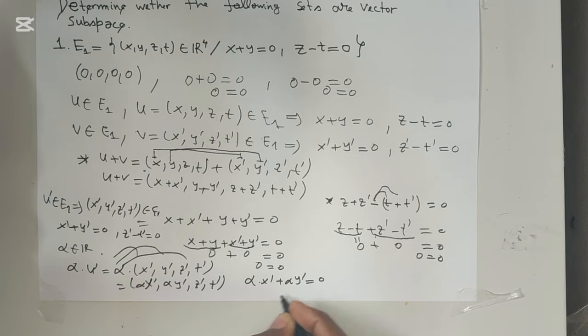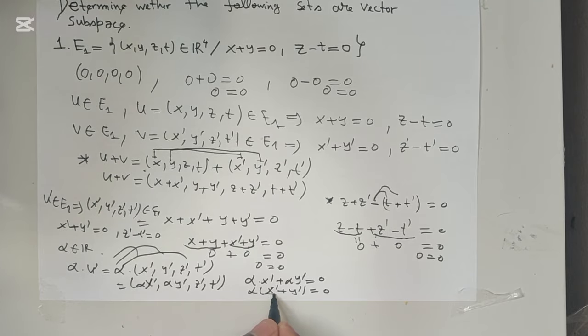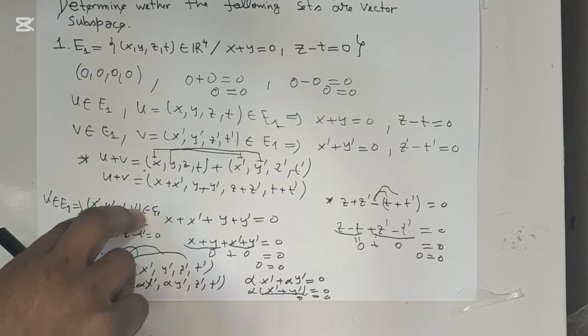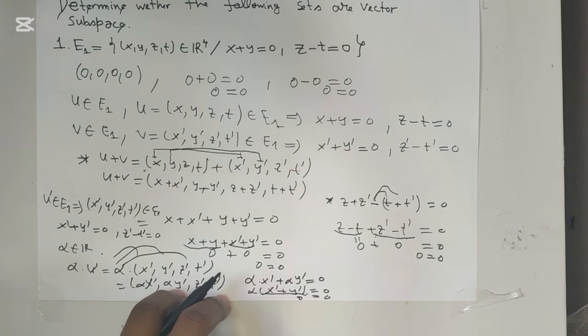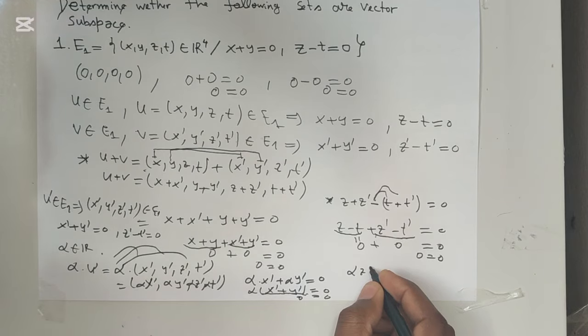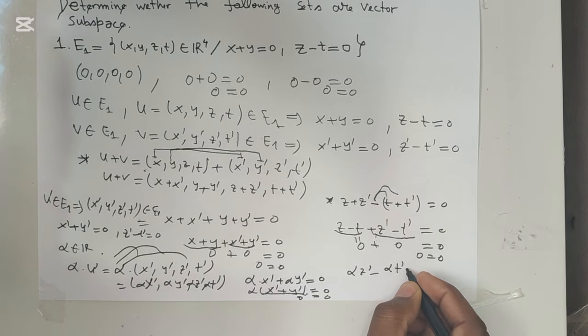Then what I can do here is factor out the alpha. But I've said that this is equal to 0. Then when this is equal to 0, alpha times 0 is going to be equal to 0 as well. And the subtraction of the last two must also be equal to 0. Let me remind you, the subtraction of them must be equal to 0.